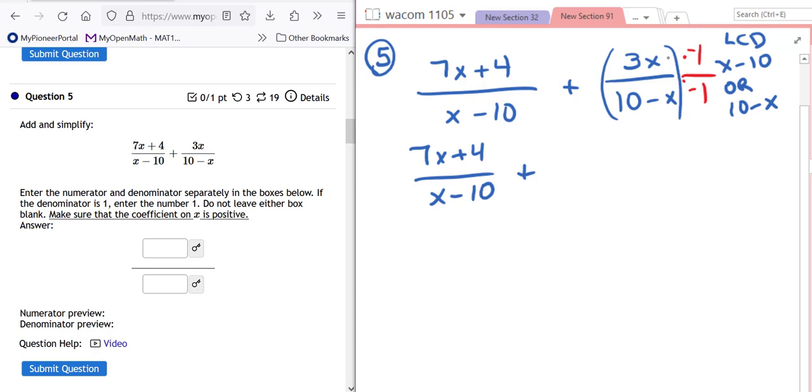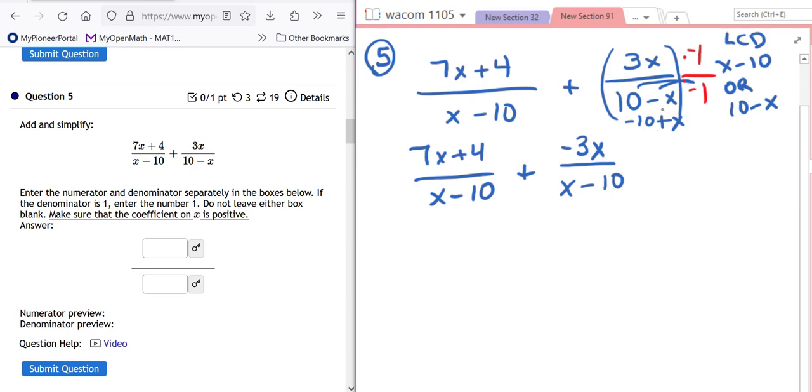You're always allowed to multiply by 1. Right, so that is going to give me a 3x on the numerator, a negative 3x. Right, but look down here. It's going to give you a minus 10 and a plus x. And you're allowed to change the order, which would be x minus 10. So multiplying by that negative 1 gives you exactly what you wanted.